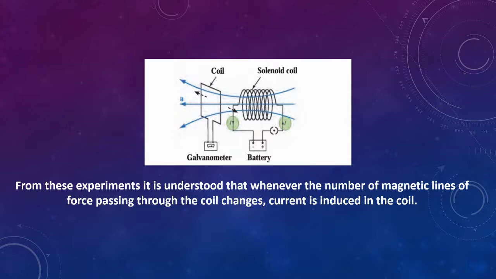But why is this current induced? It is because the magnetic field around this coil changes. That means the number of magnetic lines of force. Now magnetic lines of force represent the magnetic field. So whenever the magnetic lines of force passing through the coil change, a current is induced in the coil.